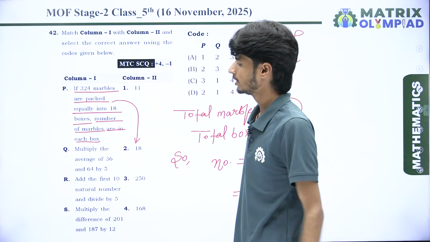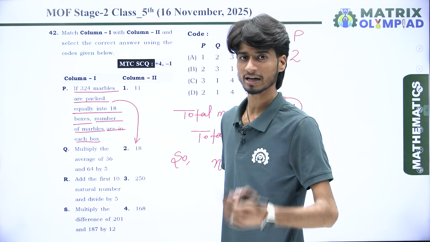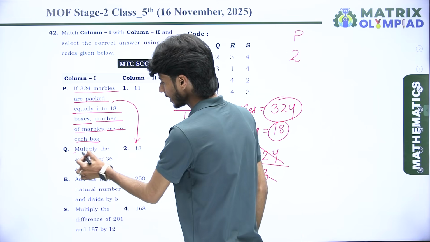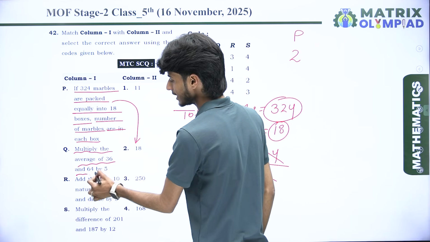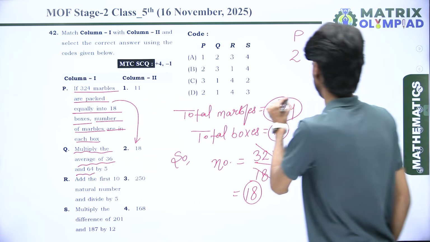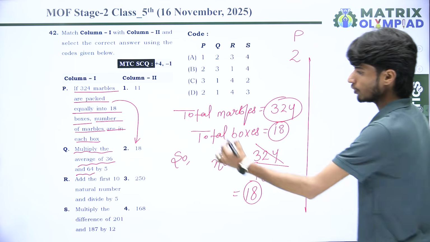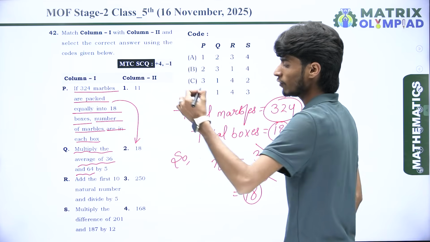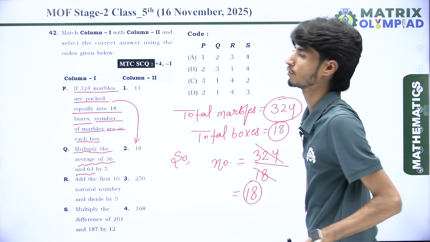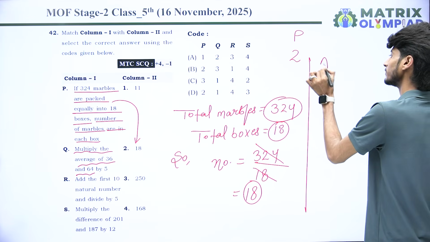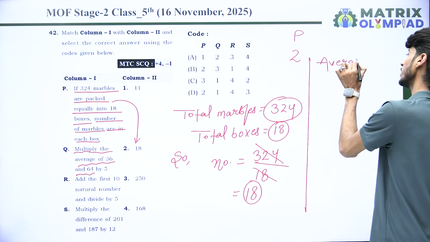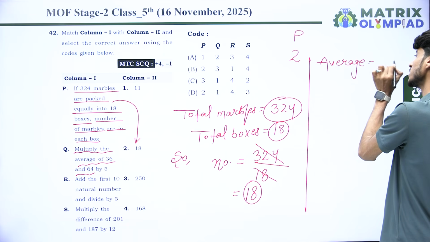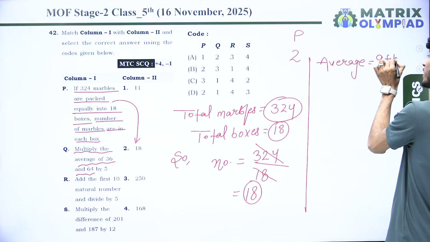Okay. Now we have point number Q. What does it say? Multiply the average of 36 and 64 by 5. Look, we want to find the multiplication of the average of 36 and 64. How do we calculate the average of two numbers? Average is equal to the sum of both numbers divided by 2.